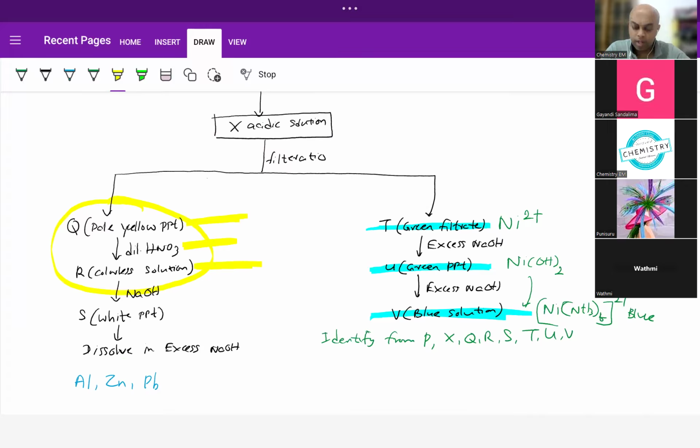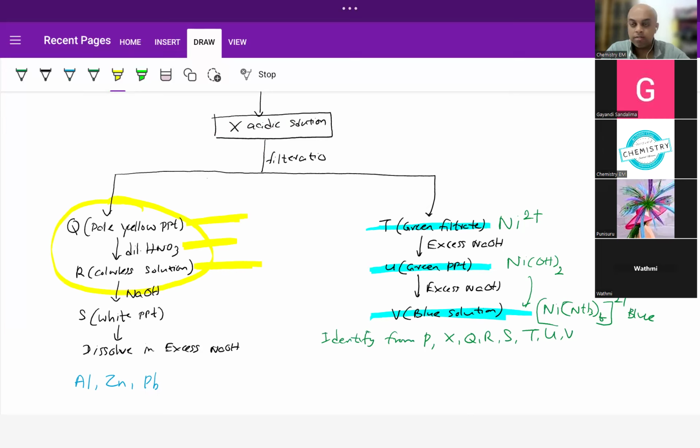What is that? You have a pale yellow color precipitate. You are applying dilute HNO3 and it is converting into a colorless solution. What is that? No. Zinc chloride is white, not pale yellow.